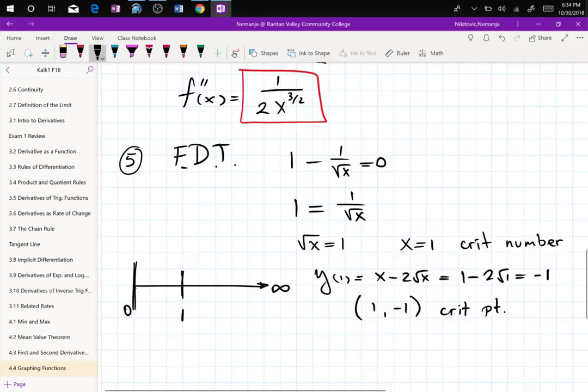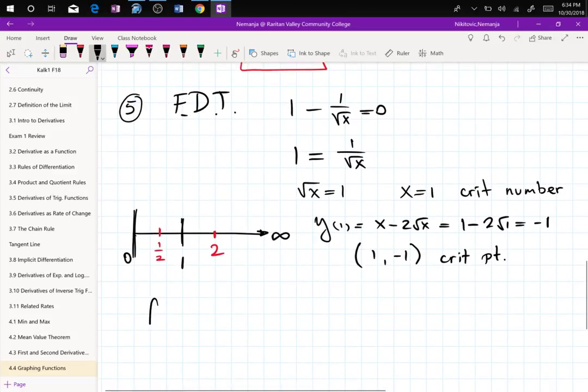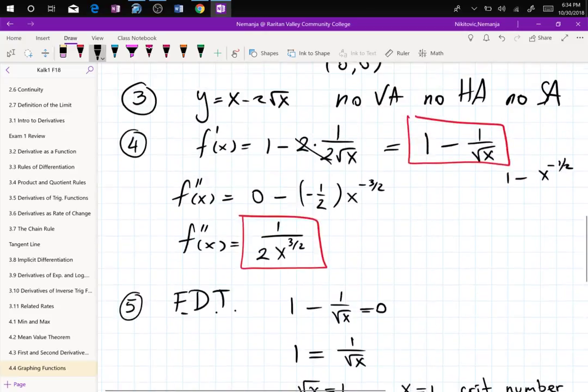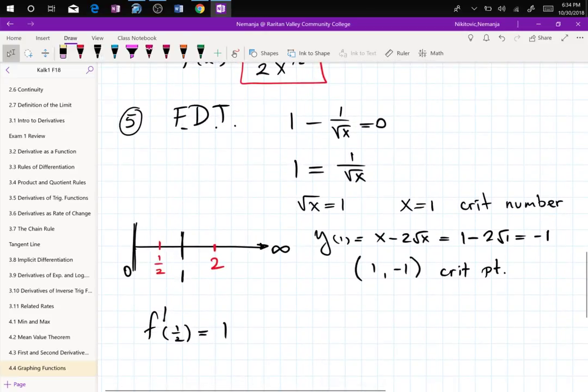Because we have two regions, 0 to 1 and 1 to infinity, pick two test values, so 1/2 and 2. Let's go. First derivative calculated at 1/2.